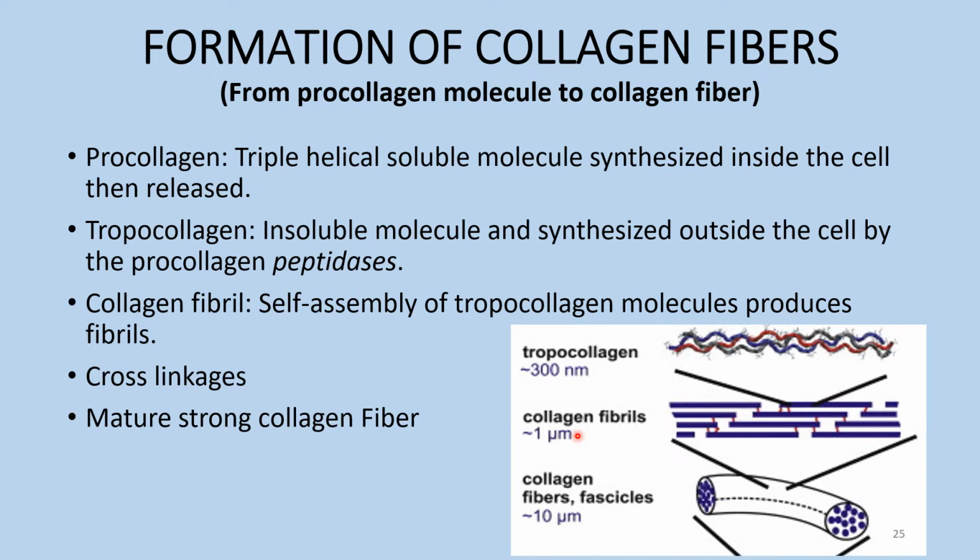And these collagen fibrils also develop cross linkages, and a mature collagen fiber is formed. A mature collagen fiber can be in the form of fascicles or bundles, as seen in nerve or muscle fiber.